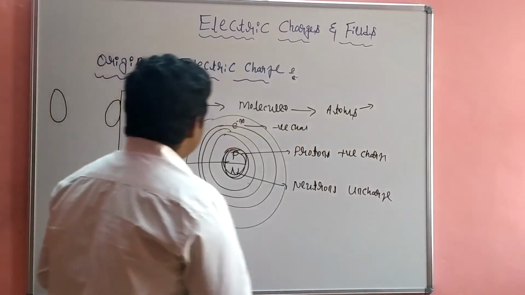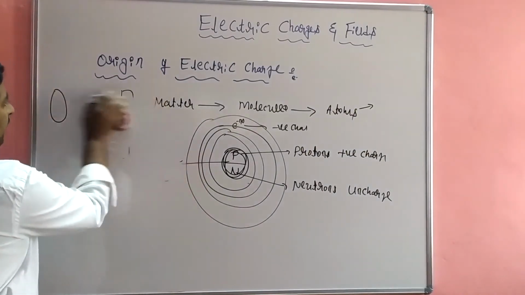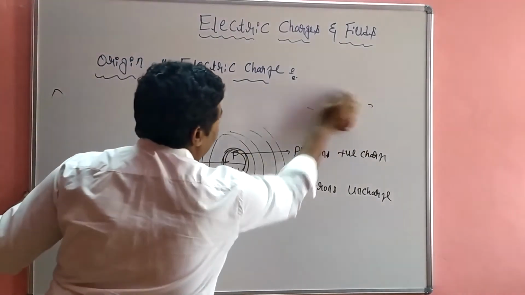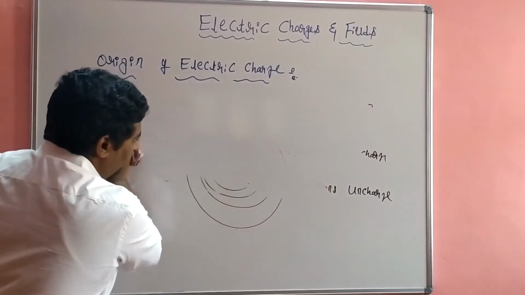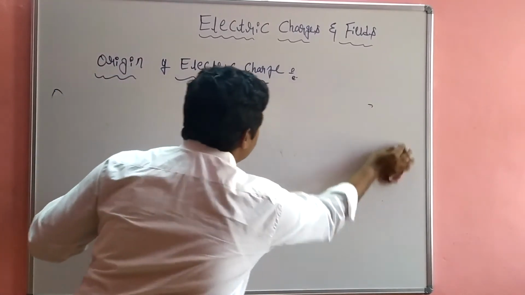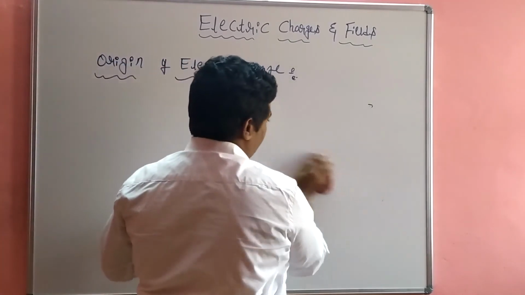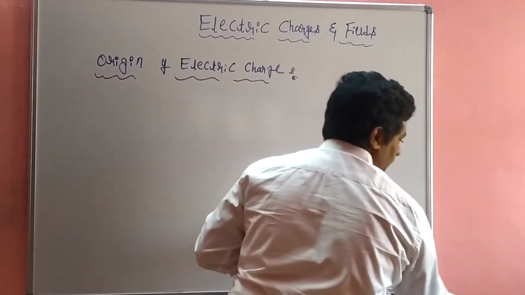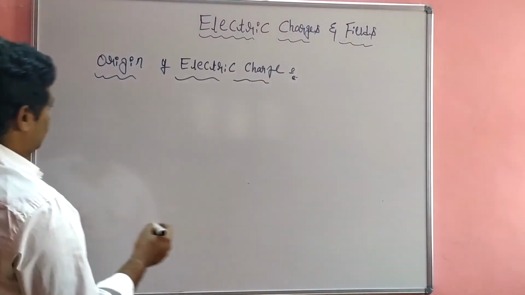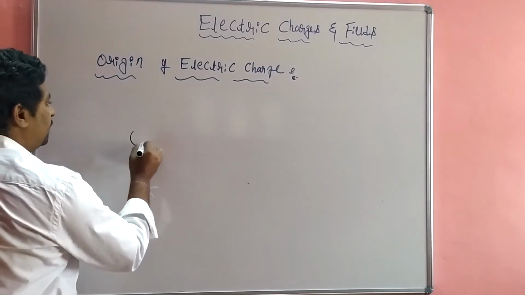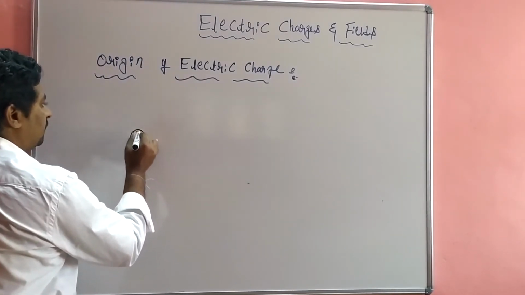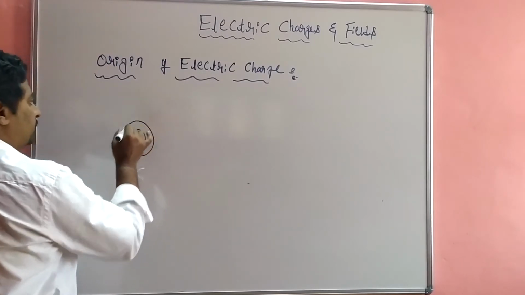So how is a body said to be positive and how is a body said to be negative? Let's take an explanation to understand the concept better. This is the nucleus and this is the first orbit.